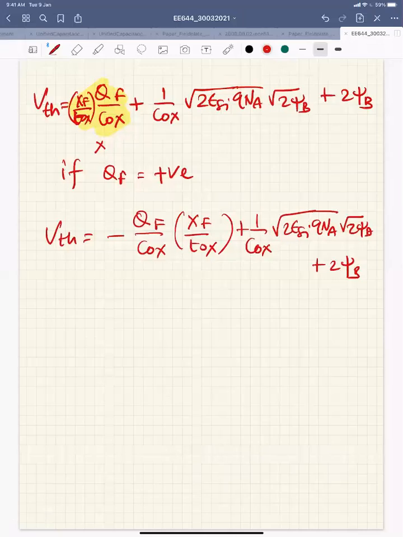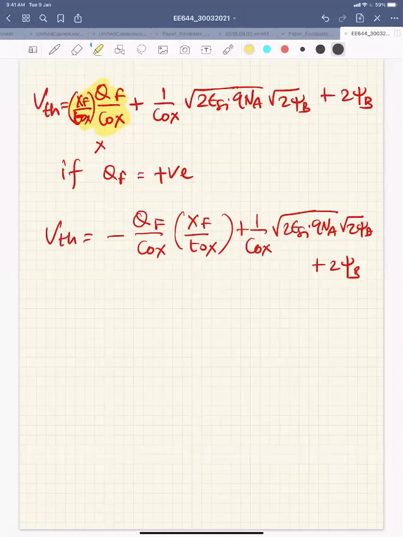so just keep in mind, positive charges in the oxide or interface will reduce your threshold voltage. Negative charges in the oxide or at the interface will increase the threshold voltage, and this will be governed by the equations that we have derived, right?